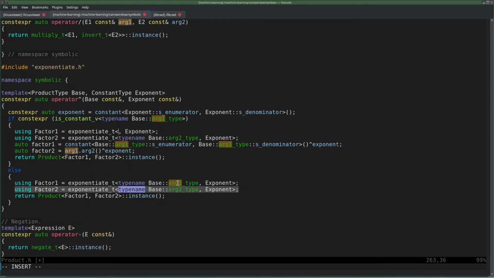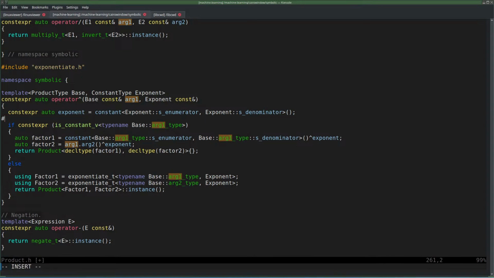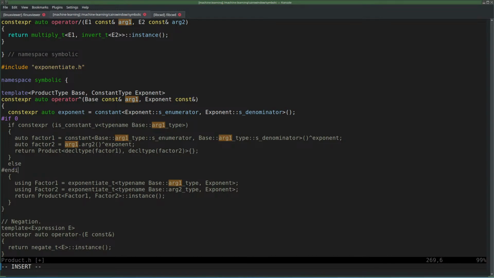But that's what I'm doing here as well, so I don't see it. I think I can do this. Let me go. Arg1 doesn't even exist. But that should always work.